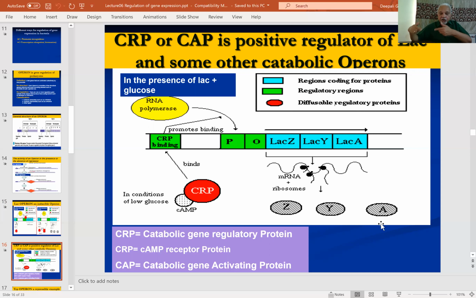That was also looked at, to find what is controlling this, why even in the presence of lactose the Lac operon is not activated. That is because of the involvement of glucose metabolism and of cyclic AMP and the cyclic AMP receptor protein.